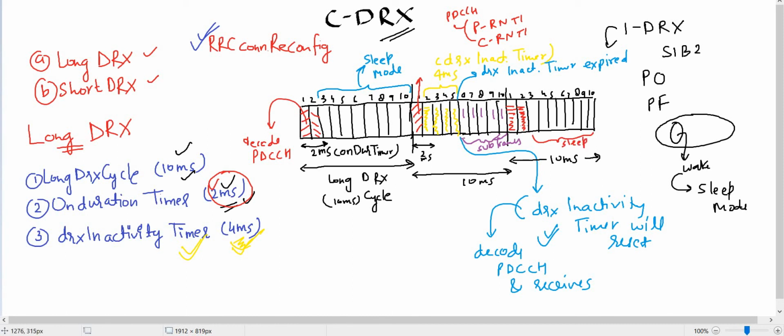And if some data is received here, then your DRX inactivity timer is started for the next 4 milliseconds, that is the 3rd, 4th, 5th, 6th, 7th. For this period, if data is there, then for the next 4 millisecond the UE is going to decode the PDCCH, as we have seen in the previous condition. So this is how the long DRX cycle will work.